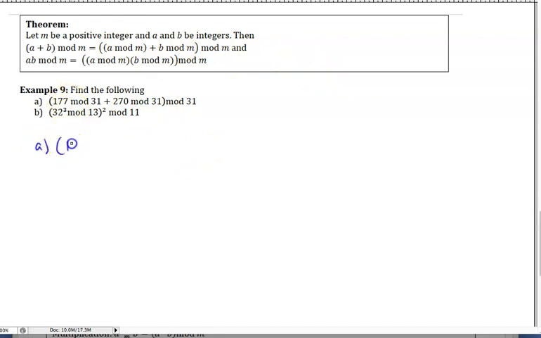For part A, I have (177 mod 31 + 270 mod 31) mod 31. Notice that this is in the format here, it matches that side of the equation.